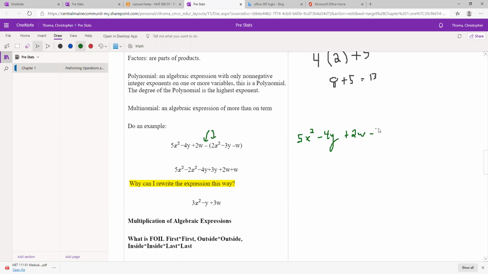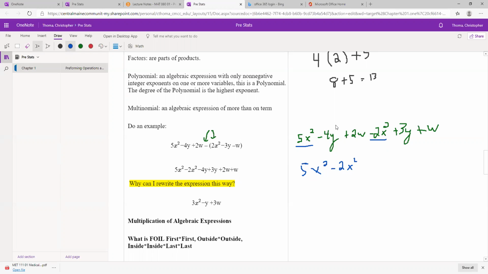So this becomes minus 2x squared plus 3y, because 2 negatives become a positive, and then a negative and a negative with a w becomes a positive w. And then I need to go through and combine everything that's exactly the same. So he has an x squared, he has an x squared, so I can put those two together. So 5x squared minus 2x squared.